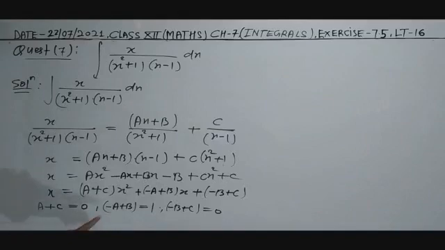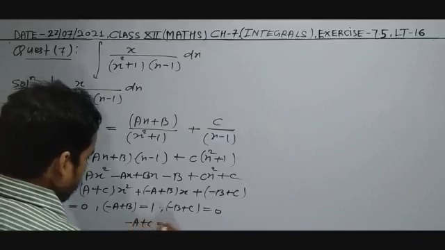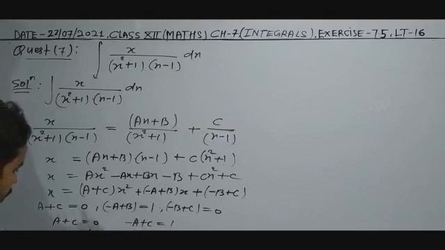So the result will be, when you add them, minus a plus c is equal to 1. So minus a plus c is equal to 1, and a plus c is equal to 0. So c will be equal to minus a, and when you put c is equal to minus a, a will be minus 1 by 2.